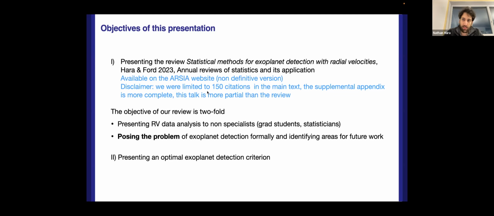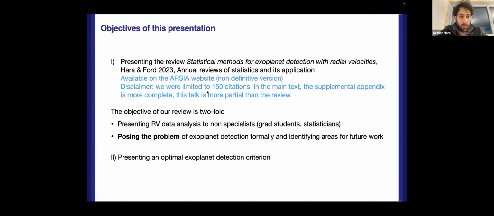The objective of this review was twofold. First, we want to present RV data analysis to non-specialists. So I put what I would have liked to have as a grad student starting to work on the subject, and also to introduce the field to statisticians who might want to try advanced statistical methods.